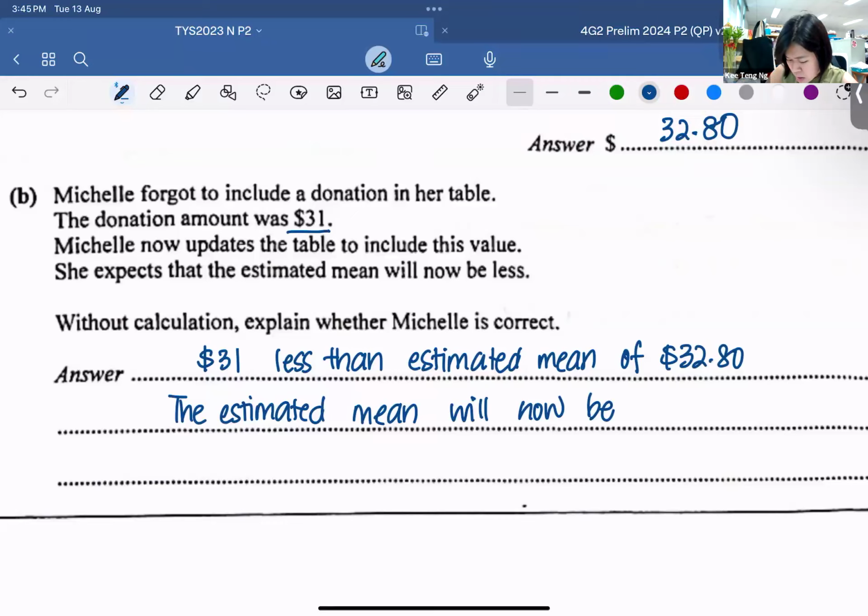Yes, it will decrease. It will be less. So Michelle says that the estimated mean will now be less. Do you agree or don't agree? Is Michelle correct? Right, so she's correct. Okay. You just need to compare it to the estimated mean.